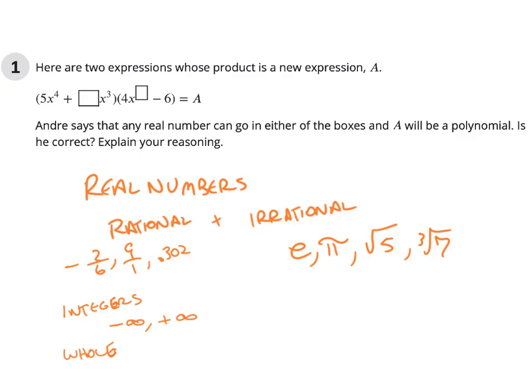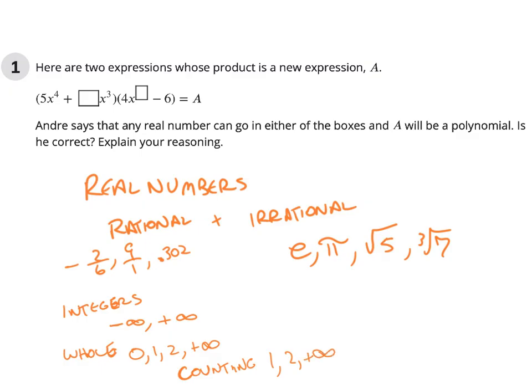Whole numbers, mathematically by definition, start at 0 and increase in whole number amounts all the way up to positive infinity. And then you got what's called counting numbers or natural numbers. Natural numbers start at 1 and go to positive infinity in whole amounts.